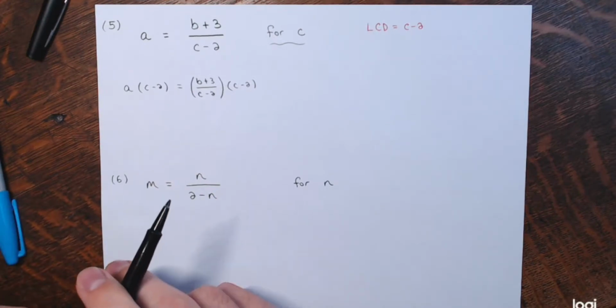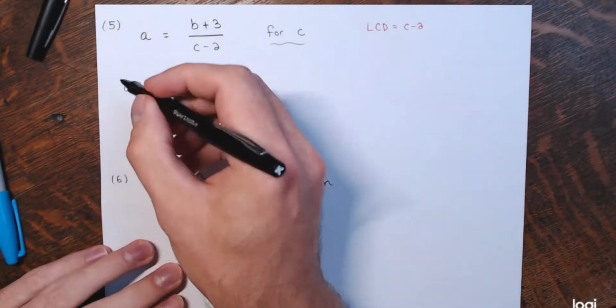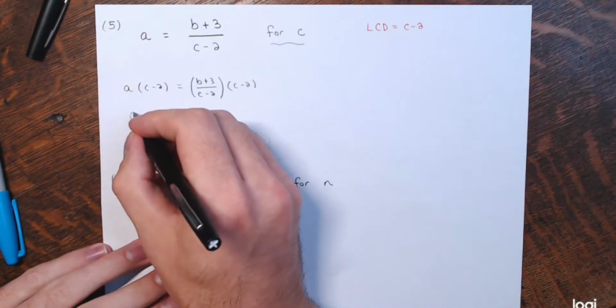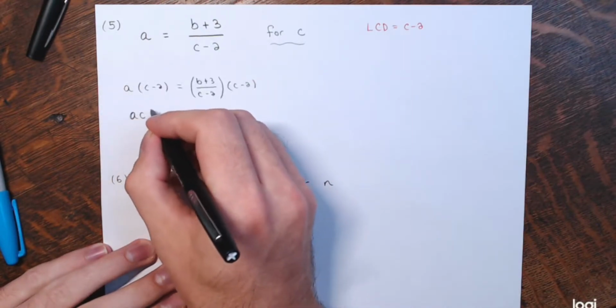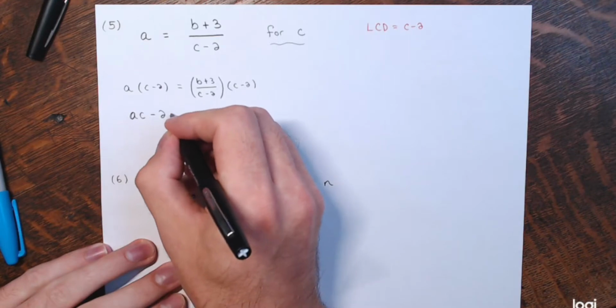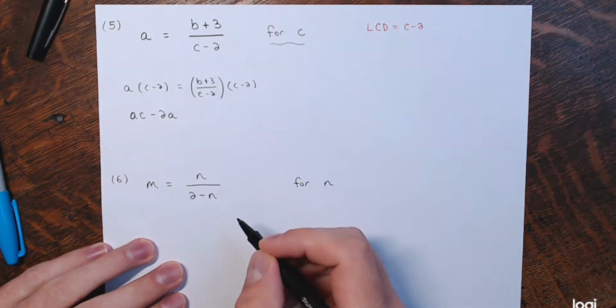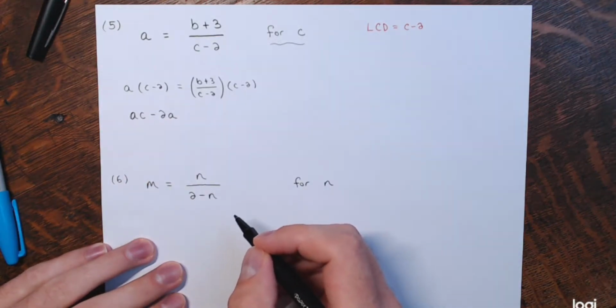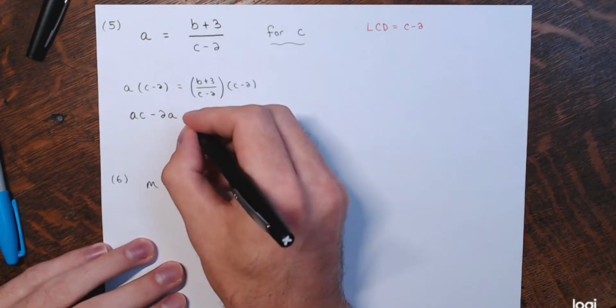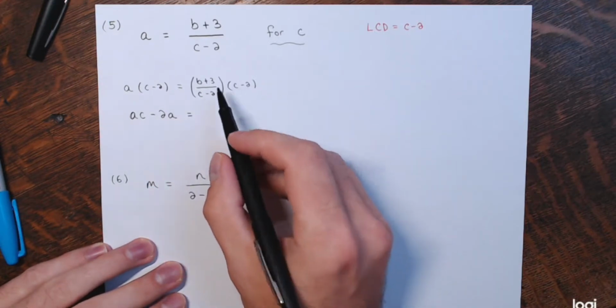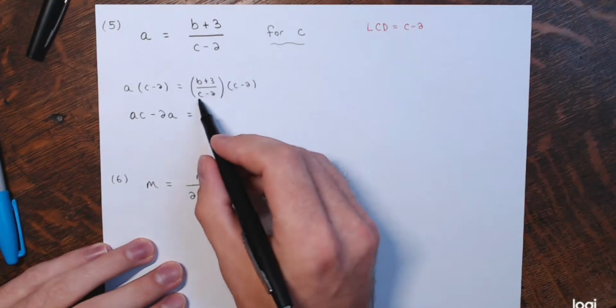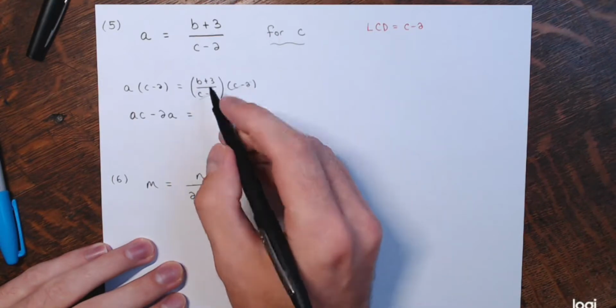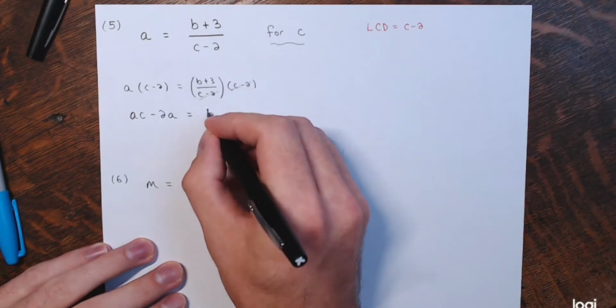Now on the left side, this is AC minus 2A. If you decide to distribute the A, you don't really have to, but I'm going to stay consistent. And on the right side, you've got the c minus 2's canceling, left with b plus 3.